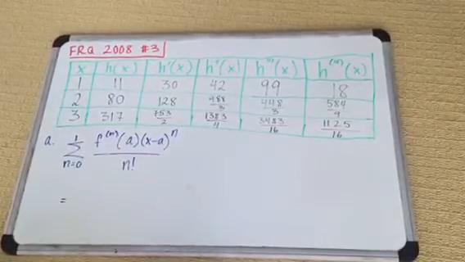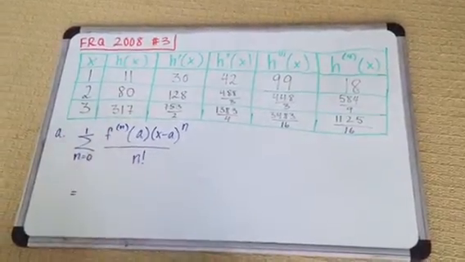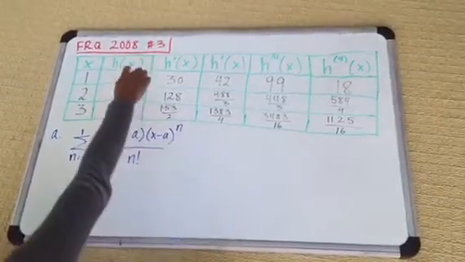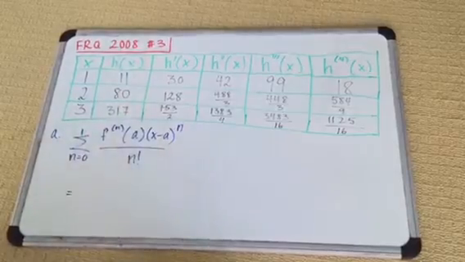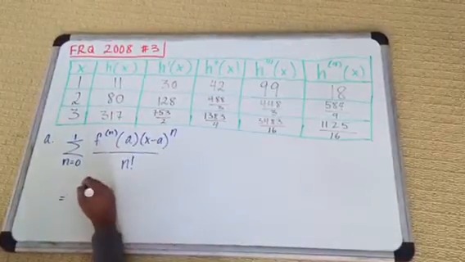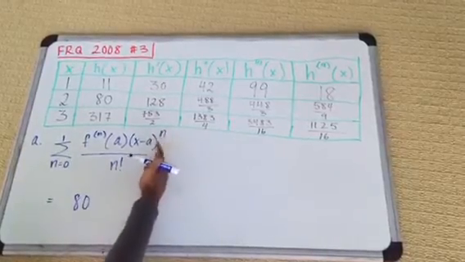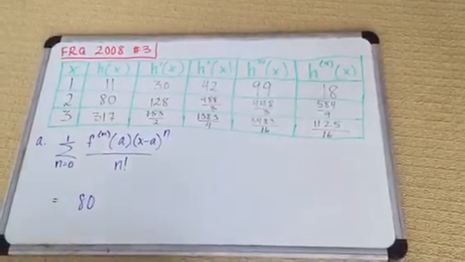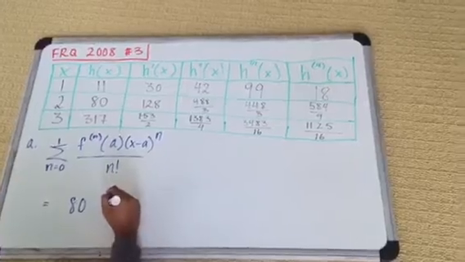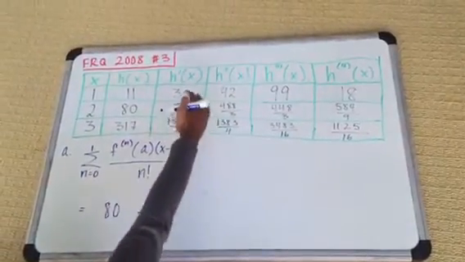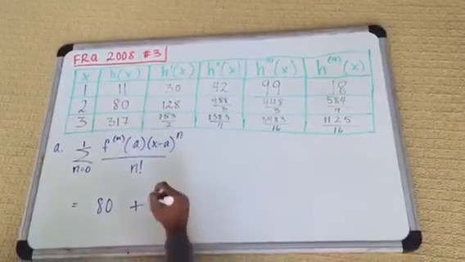So for the first term, we find f^(0) of a, which is just f of a, and we want to use h, just regular h of 2, so that's 80. And then when you plug in 0, it becomes 1, and 0 factorial is also 1, so this is just the first term. And the next term is we use f prime of a, so h prime of 2, it's 128.